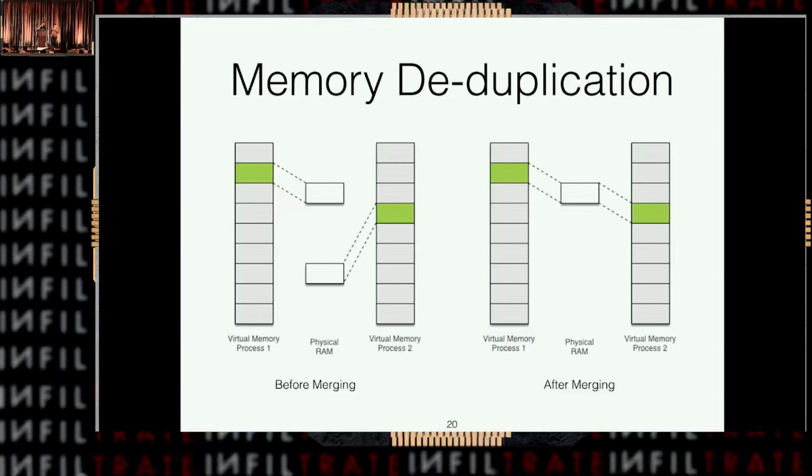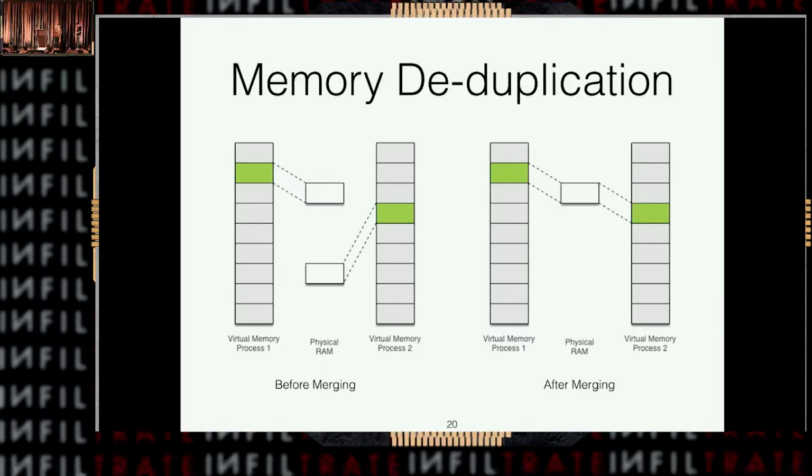Memory deduplication is a feature of modern operating systems that tries to reduce memory footprint. It's especially efficient on virtual machines, because when you have lots of virtual machines on the same host, there is a lot of chance that they share the same kernel, same libs, etc. So the goal of the kernel of the host is to take 2 pages from 2 processes or 2 virtual machines and to back them with the same physical page.